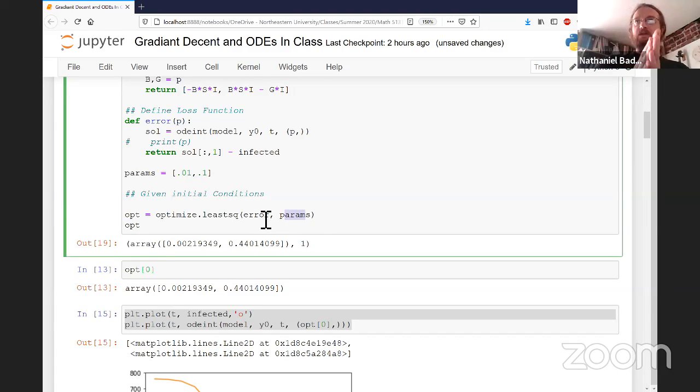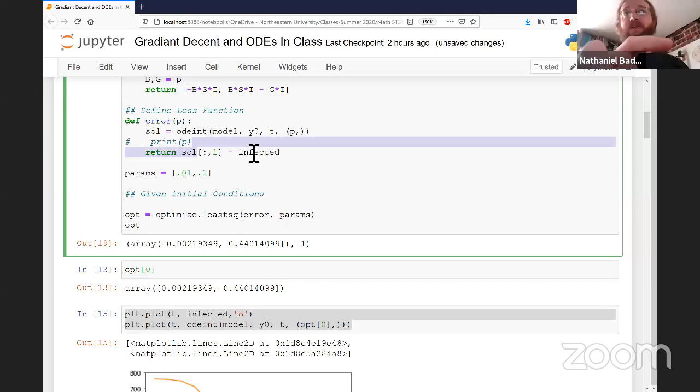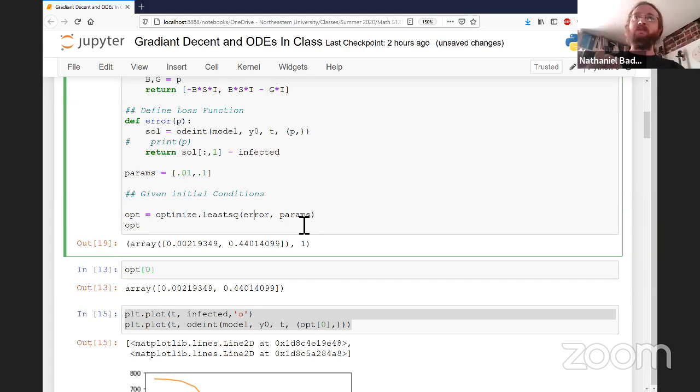And then, sorry, our error function, you feed it a beta and gamma value, and then we do all this computation, we compute a loss, and then we return a least squares estimate of the loss, which is just a number, right? In fact, we return a list, and then it computes the number for us. But at the end of the day, you give me a beta and gamma value, and I give you a number back. And that's a function, right? It's a function from beta and gamma to the real line.